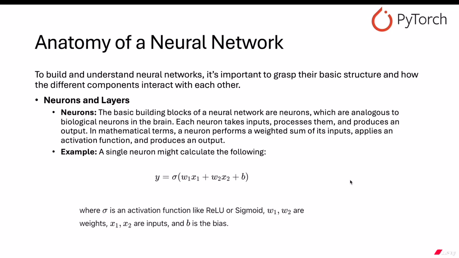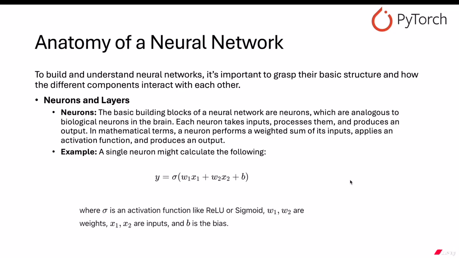Anatomy of a neural network. To build and understand neural networks, it's important to grasp their basic structure and how the different components interact with each other. Let's look into neurons and layers. Neurons: the basic building blocks of a neural network are neurons, which are analogous to the biological neurons in the brain. Each neuron takes inputs, processes them, and produces an output.